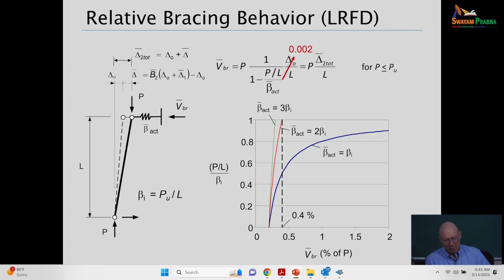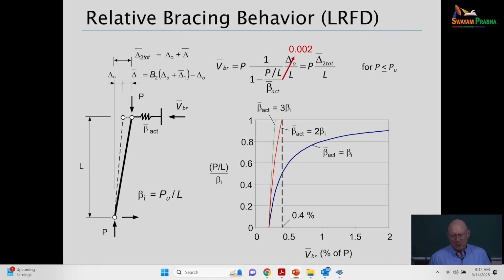So that's, again, where the ideal bracing stiffness is not so ideal. If we provided a beta bar actual equal to beta I, then we're going to fail the bracing system before we get to the axial load level we want to develop.